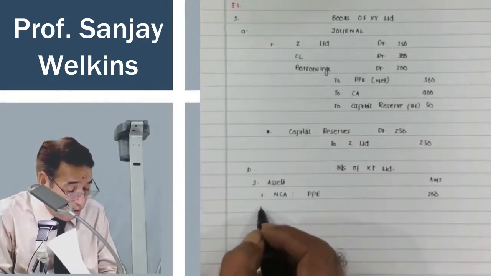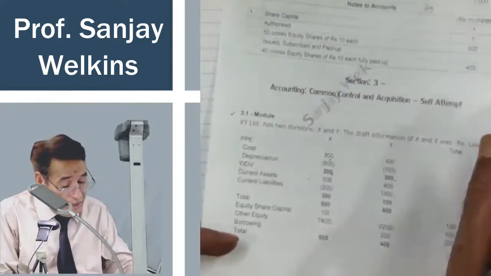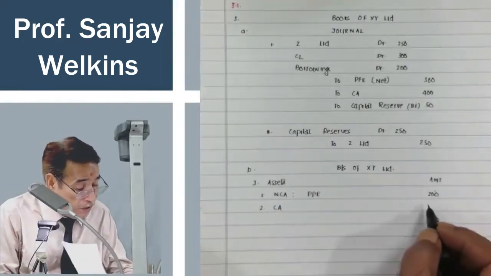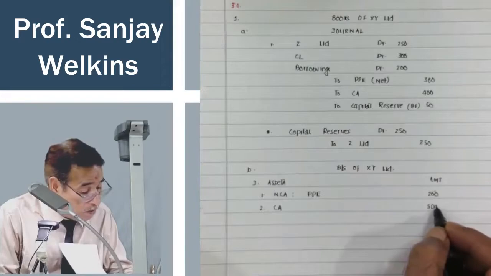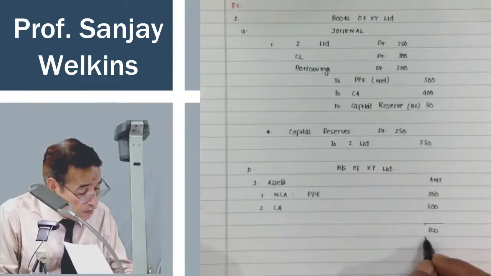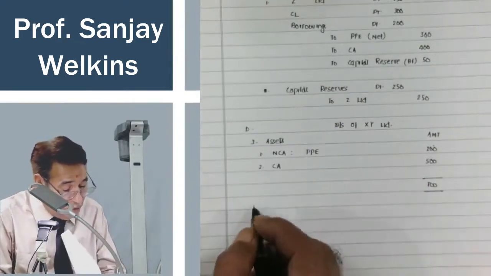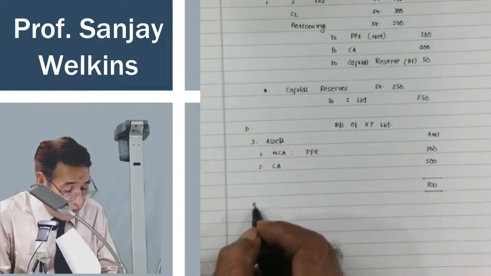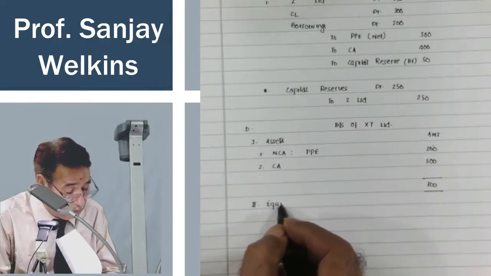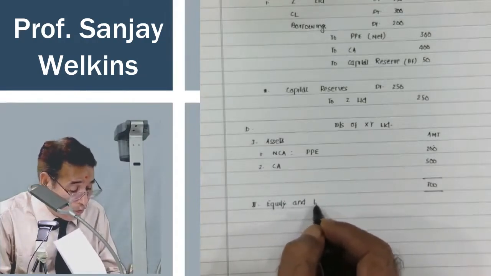Similarly, now I am going to write current asset. Current assets of X Limited is 500. So 500 I will write here. So 700 will become the total of the asset side. Then I am going to prepare equity and liability.